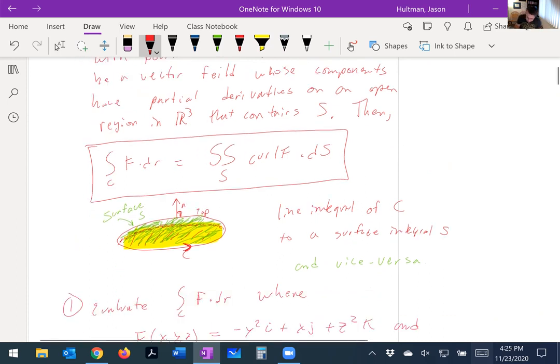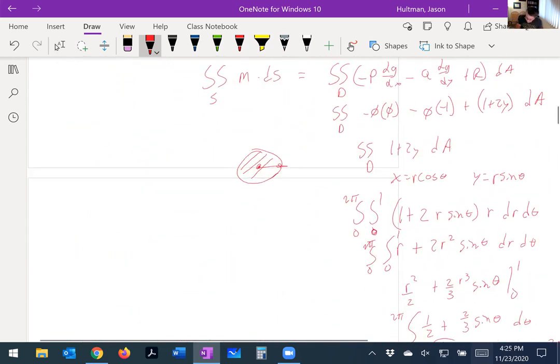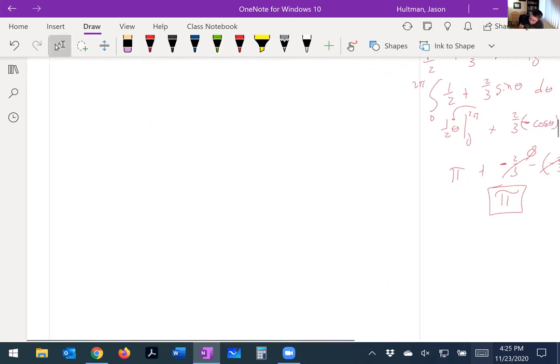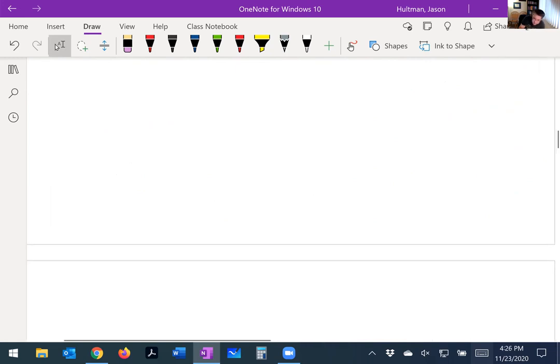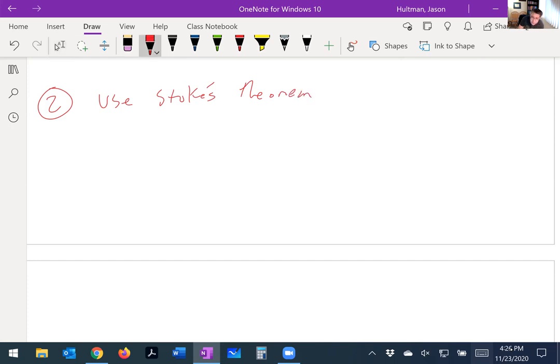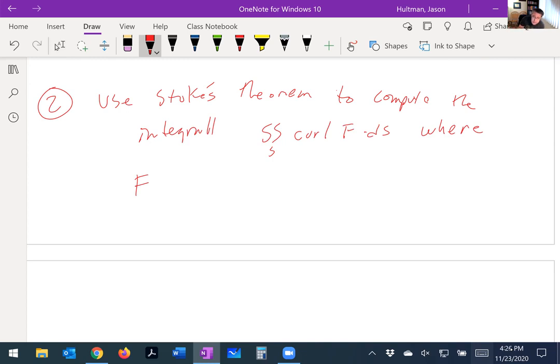Okay, let's do one where we go backwards. Number 2. Use Stokes' theorem to compute the integral over S of curl of F dot dS, where F, in this case they give us F, that's nice.